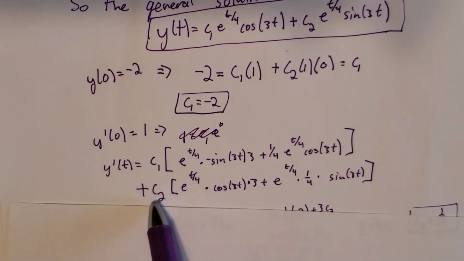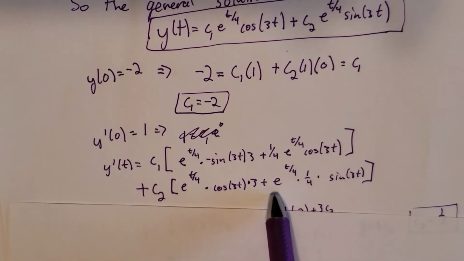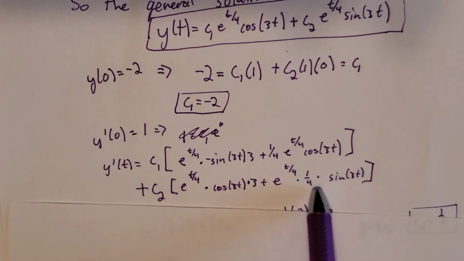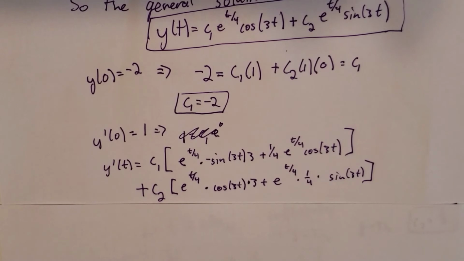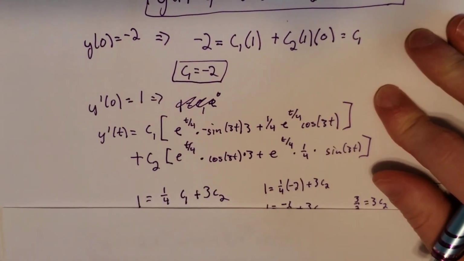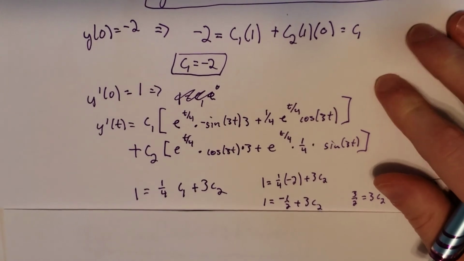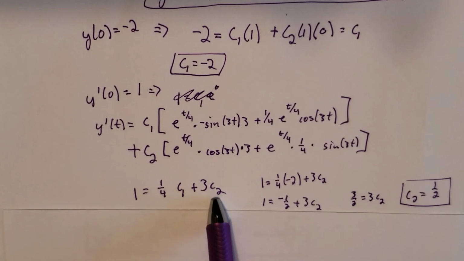And all of this is added to c2 times this, which is e to the t over 4 times cosine of 3t times 3, plus e to the t over 4 times 1/4 times sine of 3t. Again, just applying the product rule appropriately. Plug in 0 for t and 1 for the y value, and we get 1 is equal to 1/4 c1 plus 3 times c2.